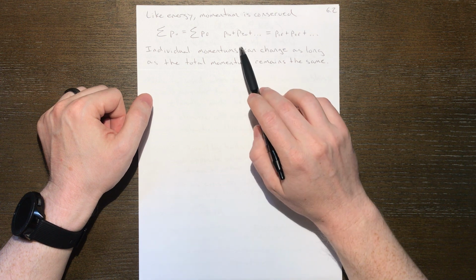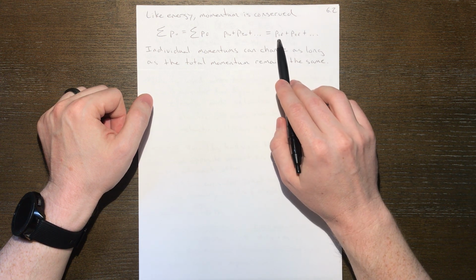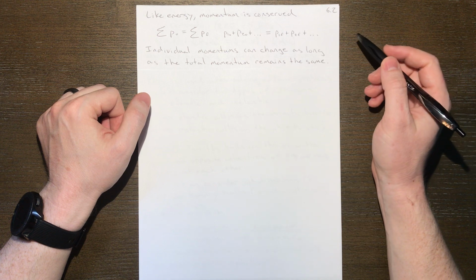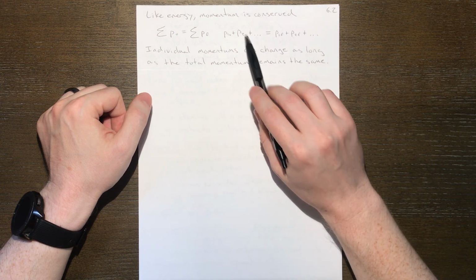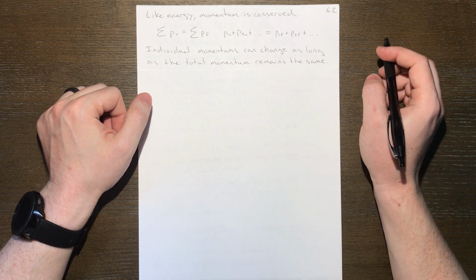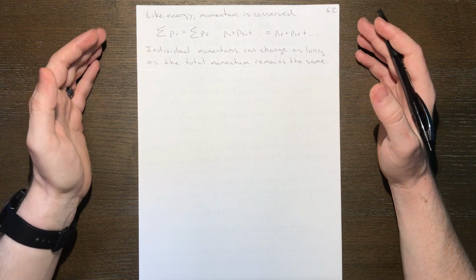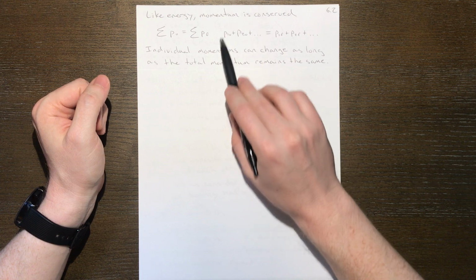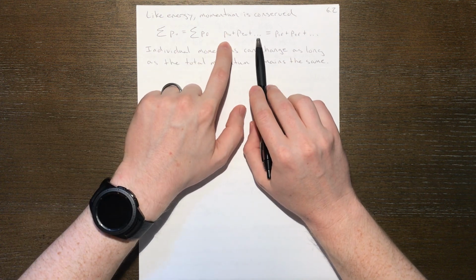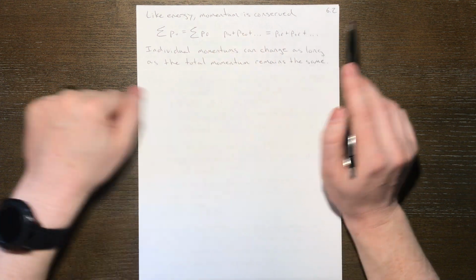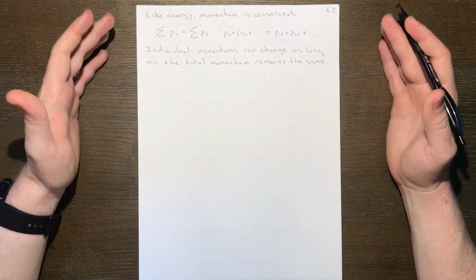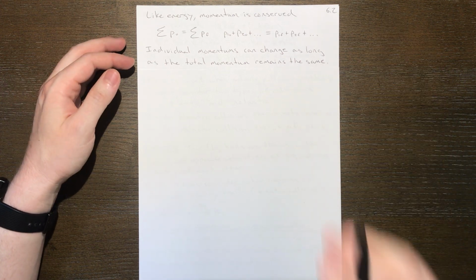And then maybe object 1 isn't moving anymore, but object 2 is. Object 1 has sort of transferred its momentum into object 2. The individual momentums can change, but when you add them all together, everything at the beginning better equal everything at the end. And we'll look at a couple of examples of this before the day is over.